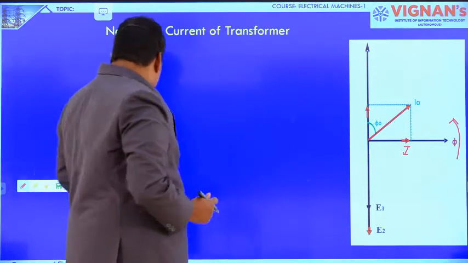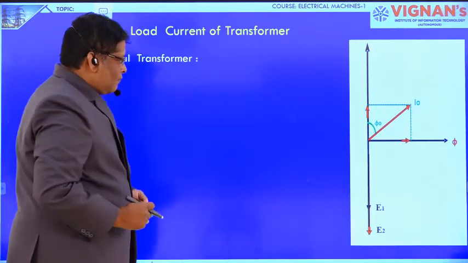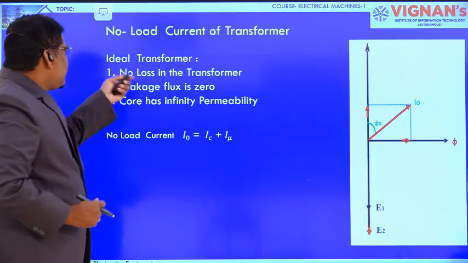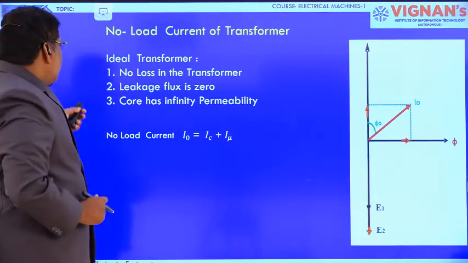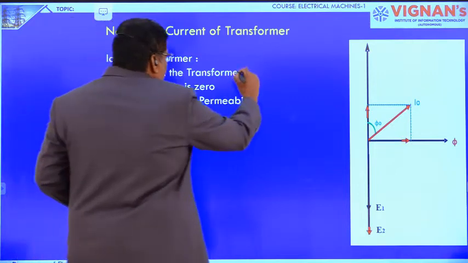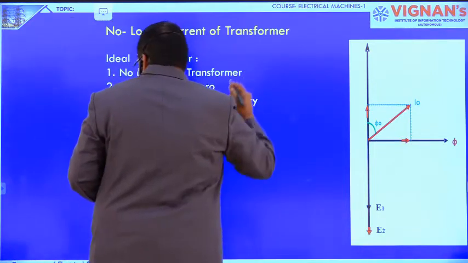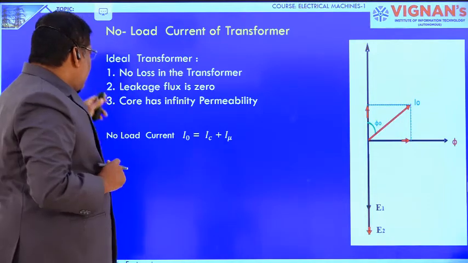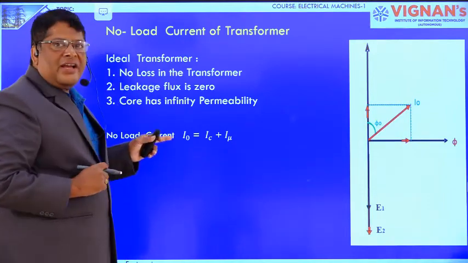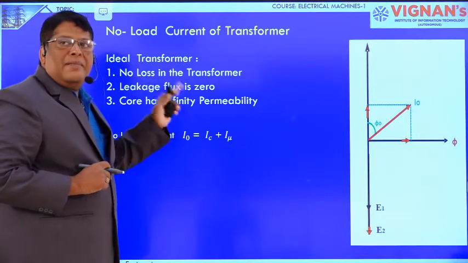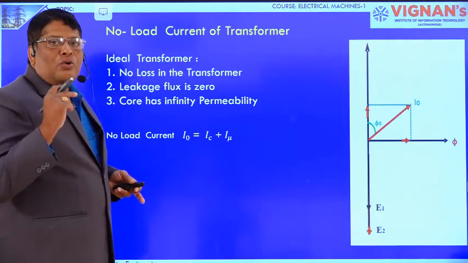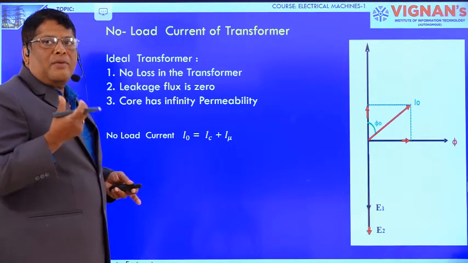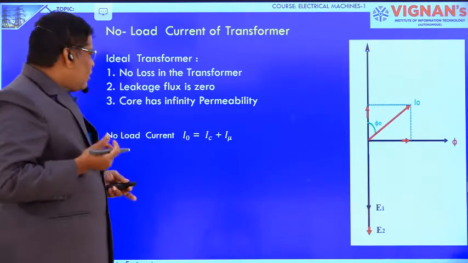See here, an ideal transformer is nothing but a transformer with no losses, and the leakage flux is 0, and the core has infinite permeability. To set up a flux in the core, it takes some amount of current.